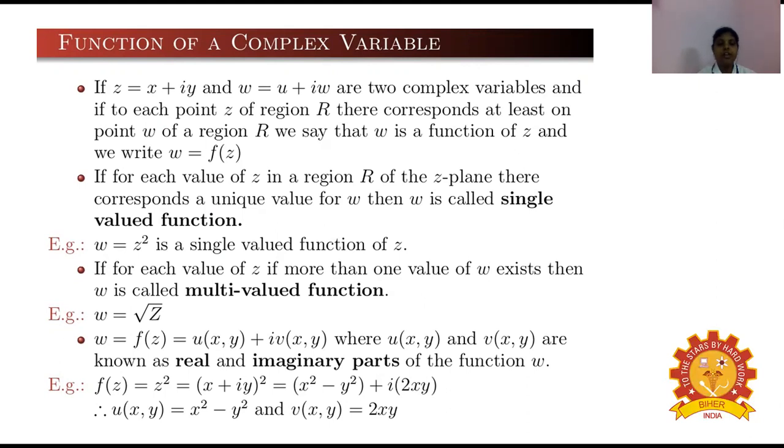Example: f of z equal to z squared equal to (x plus iy) the whole squared equal to x squared minus y squared plus i into 2xy. Therefore, u of x comma y equal to x squared minus y squared, and v of x comma y equal to 2xy.